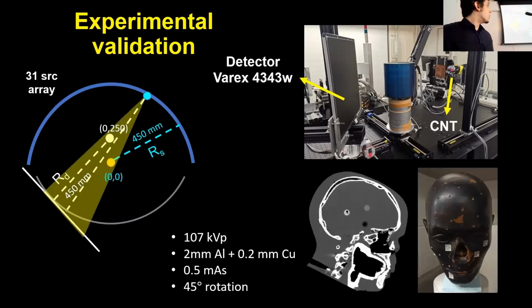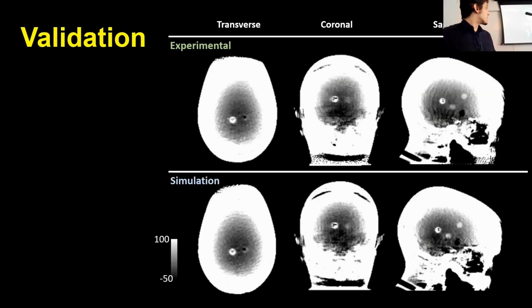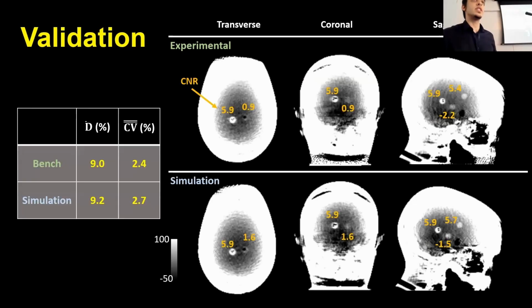For this scenario, we saw that the experimental values in the bench are in very good agreement with our simulations, especially the narrow window for the soft tissue. And in the quantification, again, we see very good agreement between the experimental values and the simulations.